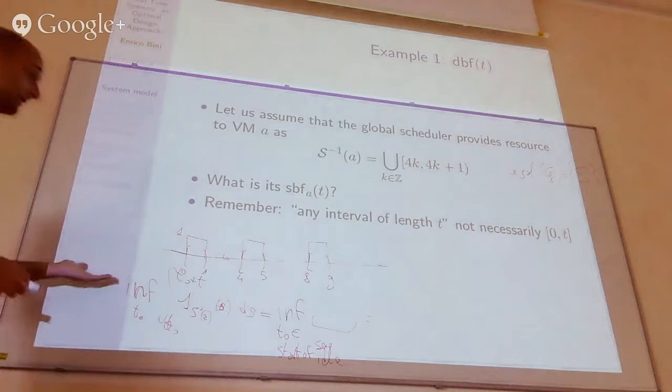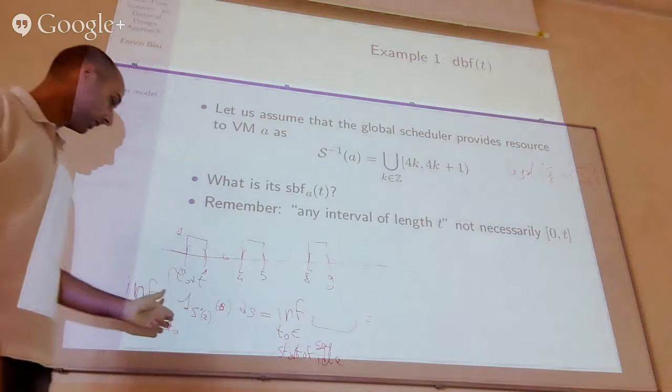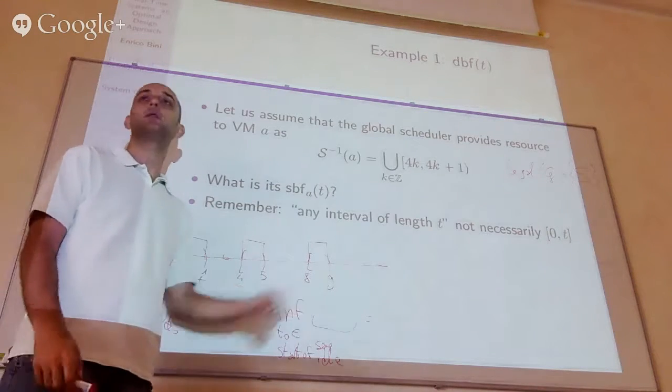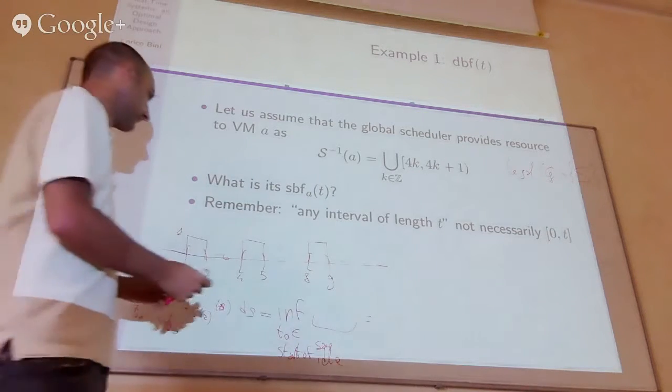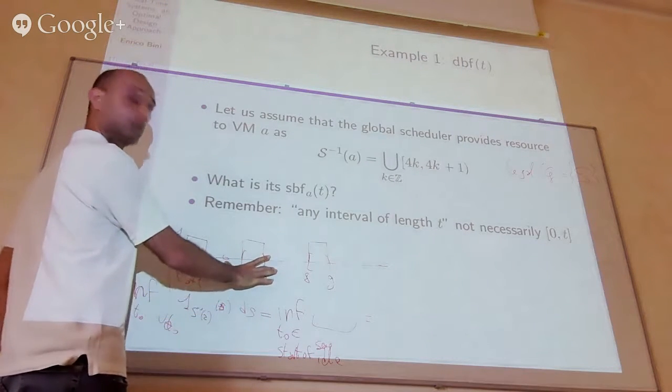So I'm saying that it's sufficient to restrict the search among the T0 which are the start of some idle interval.